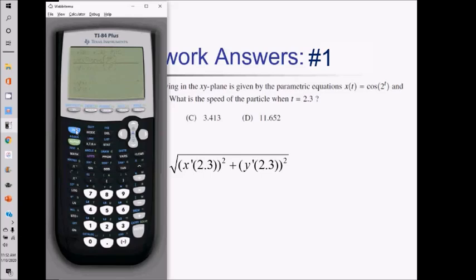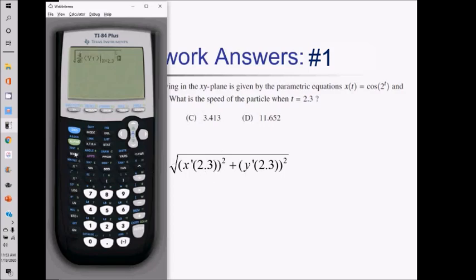We've got square root, and I need the derivative of x at 2.3. So math 8, derivative, we'll do x, and then alpha trace to get y1, that's my x of t, and then we want that at time 2.3. Great. We also need to arrow over and square this because we're squaring x prime of 2.3.